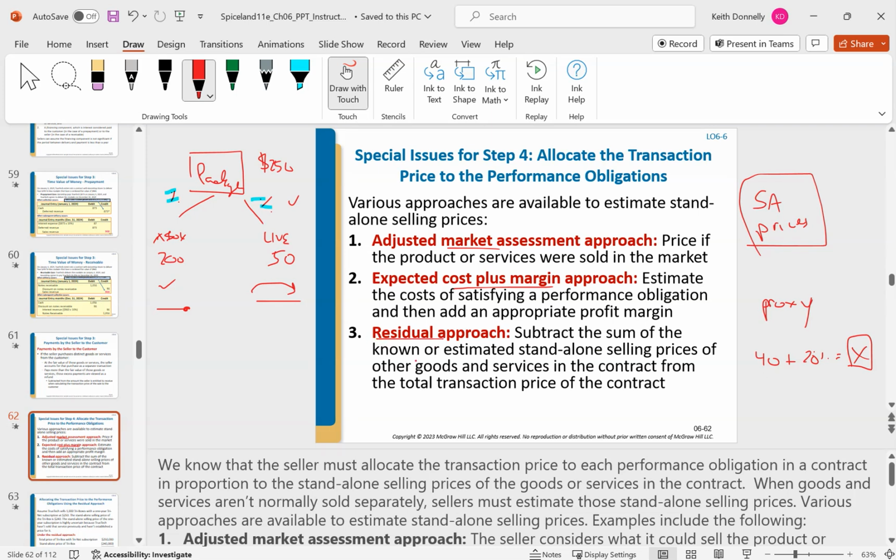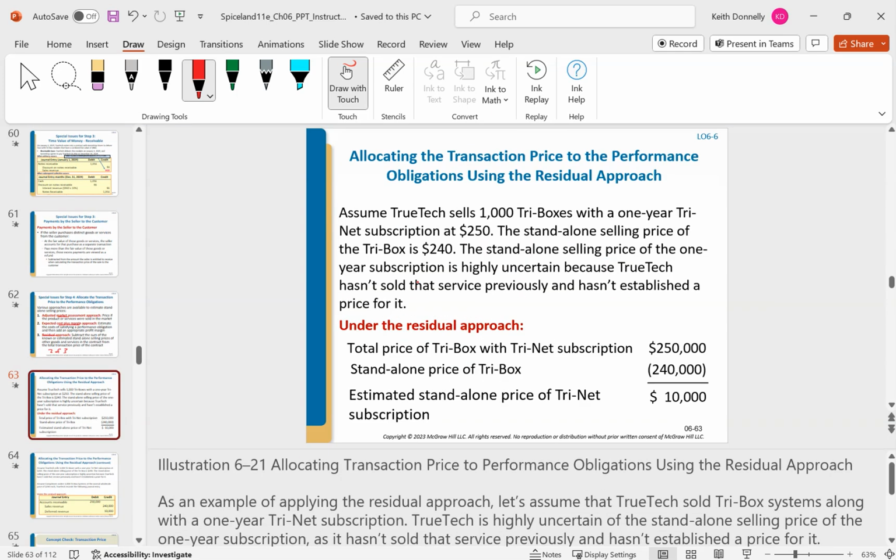Finally, under the residual approach, this is essentially saying that if we know two of the three variables, we can back into, or solve for, the missing variable for the standalone price. So let's look at an example showing that residual price approach. We sell the package for $250. When we run the numbers on it, we get our percentages over here.